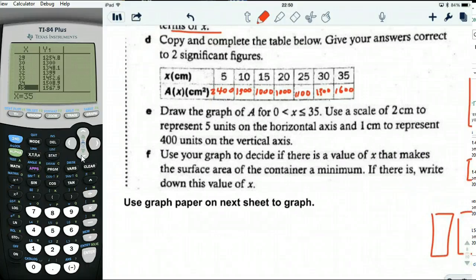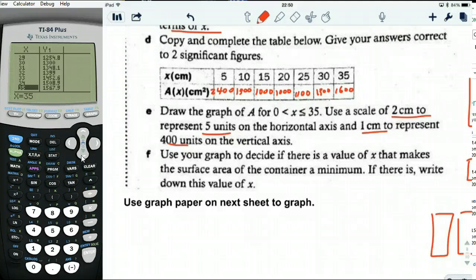Okay, draw the graph of A4. Now we need to draw the graph on the graph paper. We're going to put 2 centimeters for 5 units on the horizontal and 1 centimeter for 400 units on the vertical.